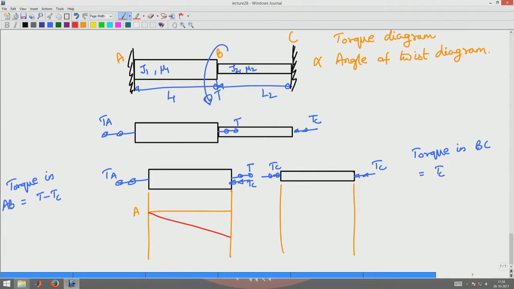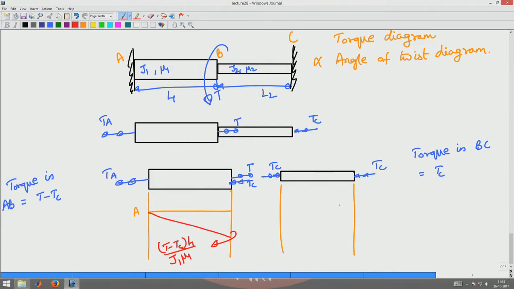where this value will be given by (T minus Tc) L1 by J1 mu 1. Okay. And now this end C is fixed.